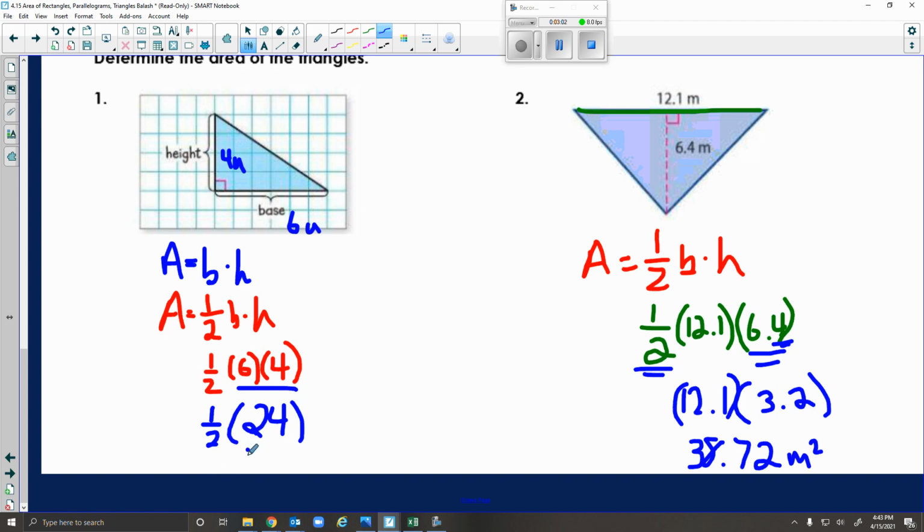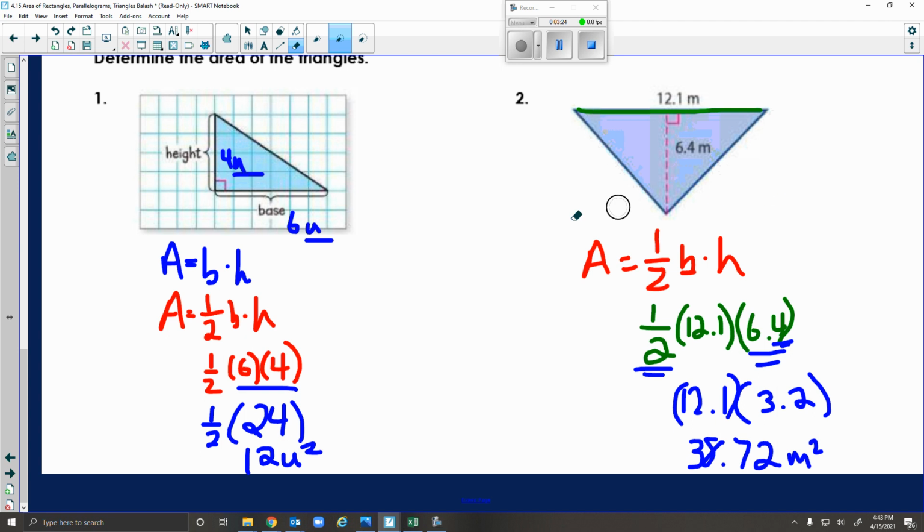Half of 24 would be 12 units squared. And again, the units have to be squared for the same reason that we did it for the rectangles and parallelograms, because we're taking units times units. Unit times unit is going to be unit squared.